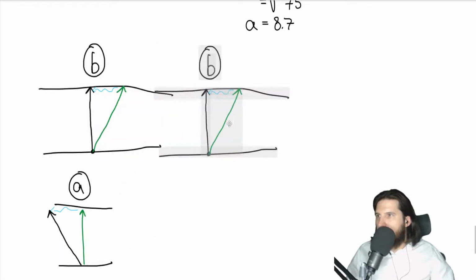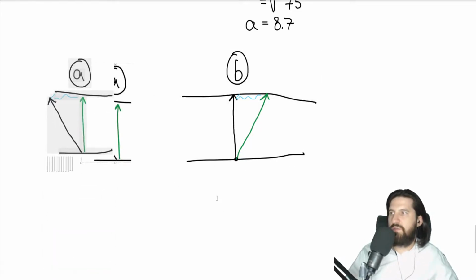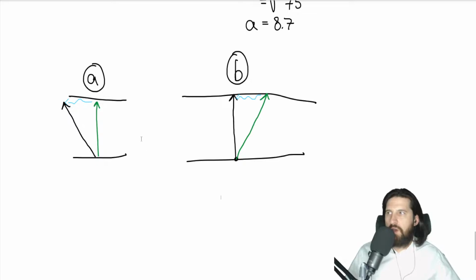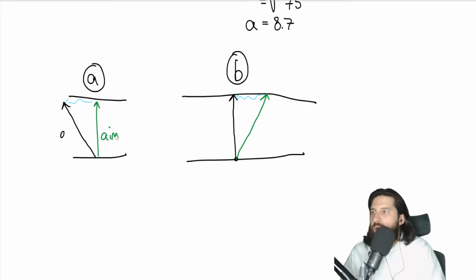Okay. So I switched it to be vertical now, or the other way around. But basically, we aim this way, and this is the way you actually go, because this was the way that you aimed, right?